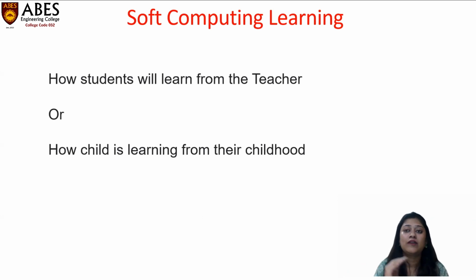In future, if the same thing occurs, if the same parameters are coming, then the system is ready. It can generate output according to the situation and the learning it has. So soft computing learns like the human mind. That's why I said it is our role model.